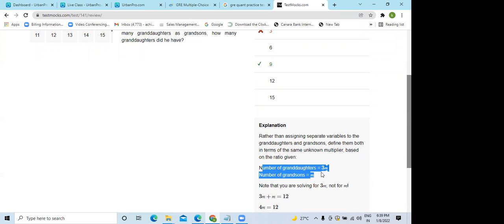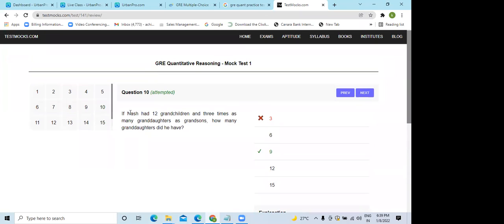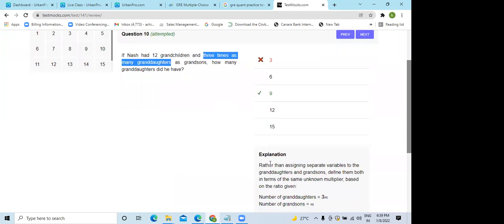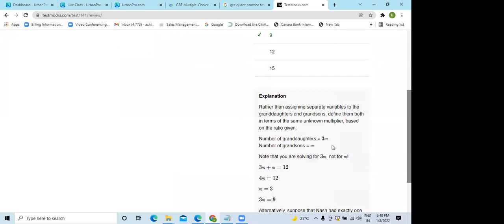So for such type of questions, you should not get confused. You should not assume. He had 3 times as many, so let's say 3x is the number of granddaughters, and the grandsons he had was x. Correct? Yes. So note that you are solving 3m, not m factorial.